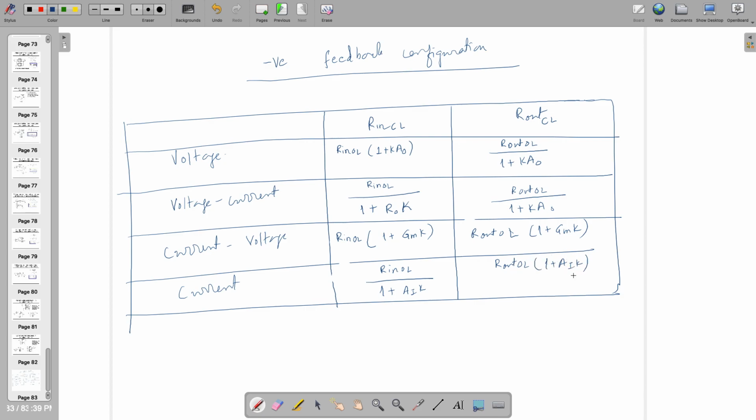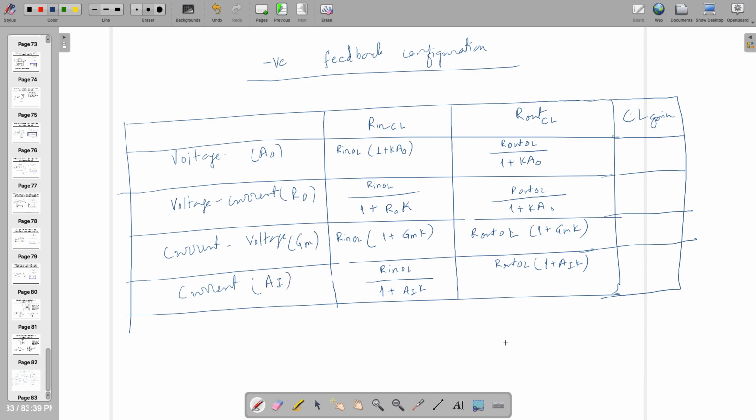Notably, these are the resistances, but if you are interested in finding out the gain as well, the gain is decreased by, let's call it the closed loop gain. The open loop gain in this case is A0, in this case it's R0, in this case it's GM, and in this case it's AI. To find the closed loop gain is very easy: whatever the open loop gain you have, it will be divided by a loop gain.